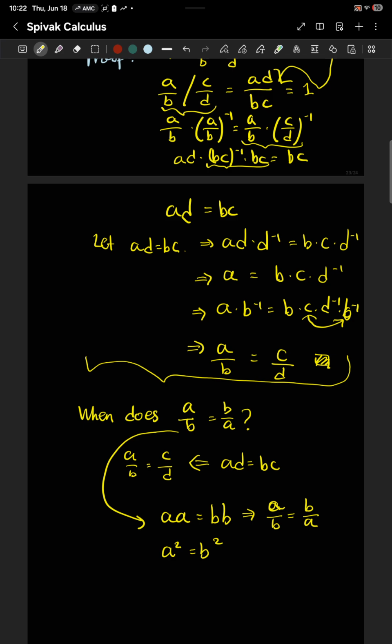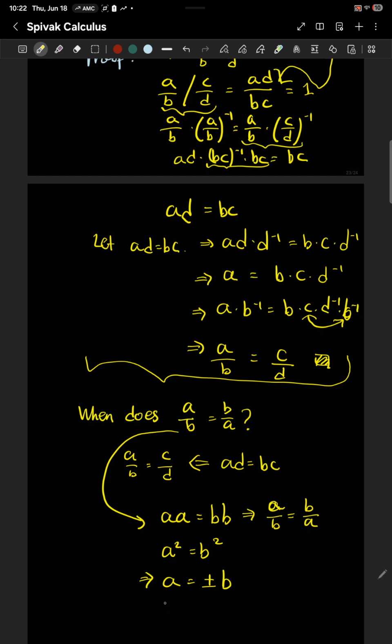Does that mean A is equal to plus or minus B? Am I right? Yeah.